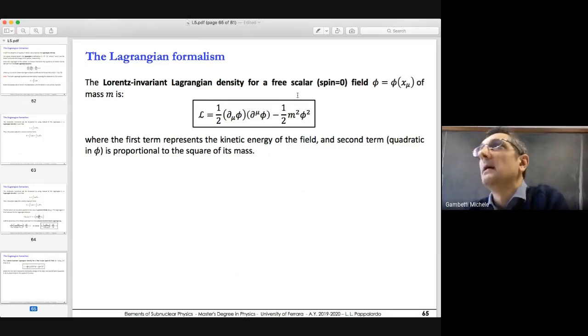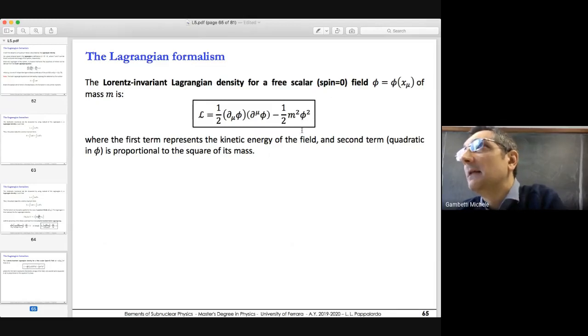The most simple Lagrangian density for a scalar field is given this way: 1/2 partial mu phi partial mu phi, and then we have this mass term. The first term is essentially the kinetic energy, and the second term is just the mass term. We suppose for the moment we are treating a free particle, so there is no interaction potential. So you just have the kinetic energy and the mass energy.